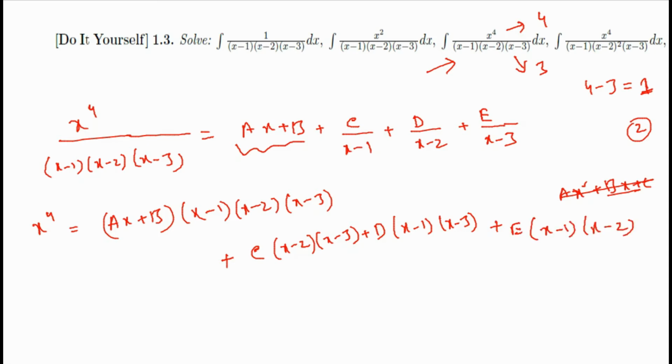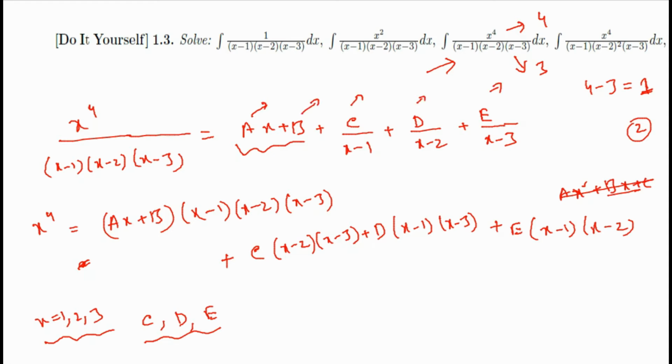Now if you put x equal to 1, 2, 3, then you can get the values of c, d and e. Now how to get this a and b? So there are 1, 2, 3, 4, 5 constants.